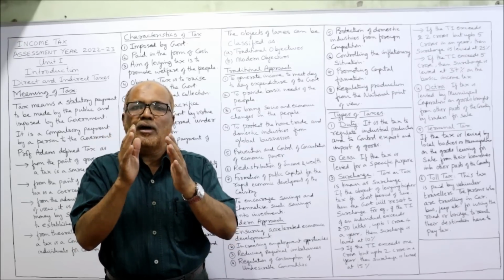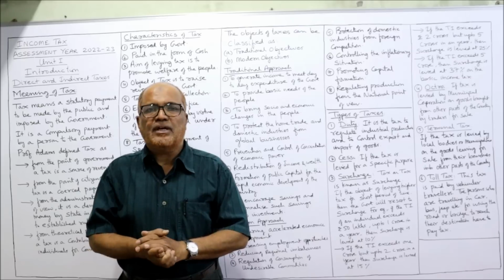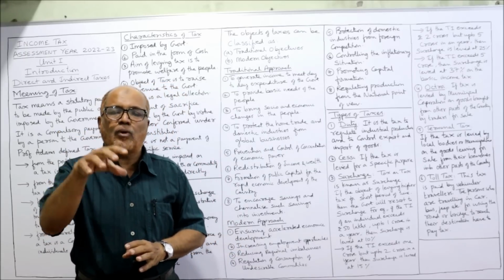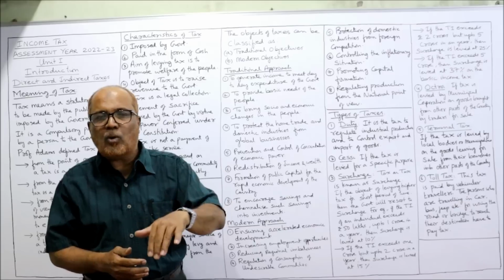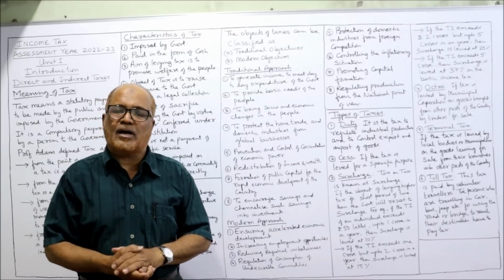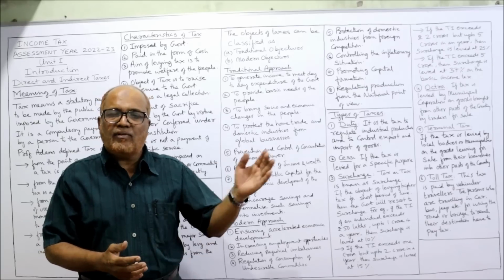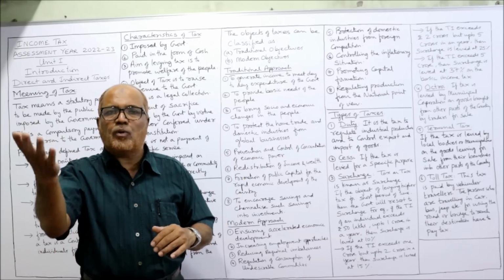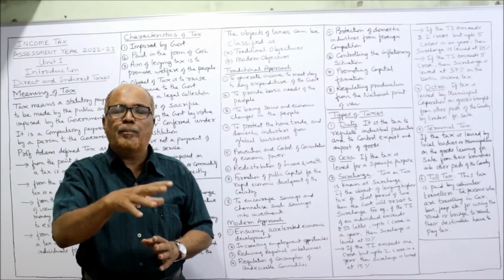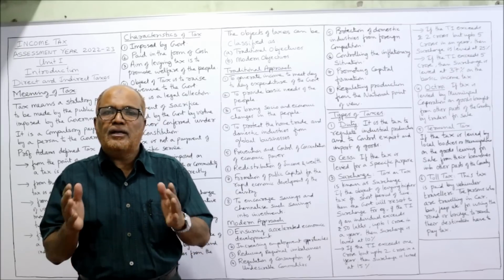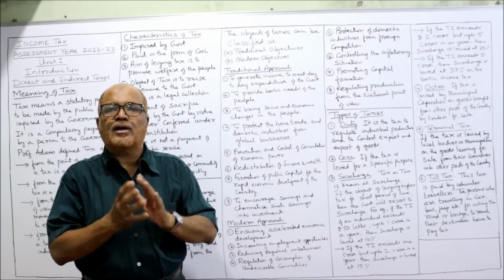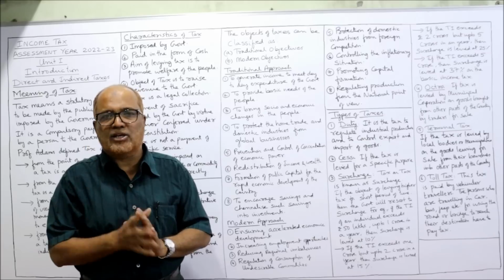That is called excise duty. Apart from that, the government will impose the duty called customs duty whenever there are imports or exports from the country. So whenever there is import of goods or exporting the goods, the people have to pay the customs duty. So simply, duty is a tax on production and import and export.